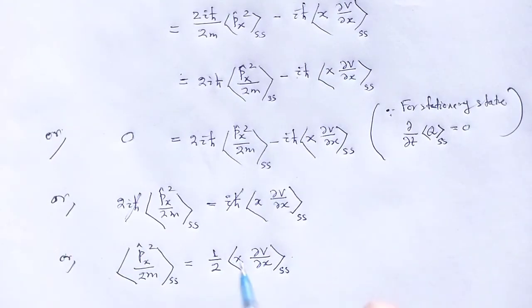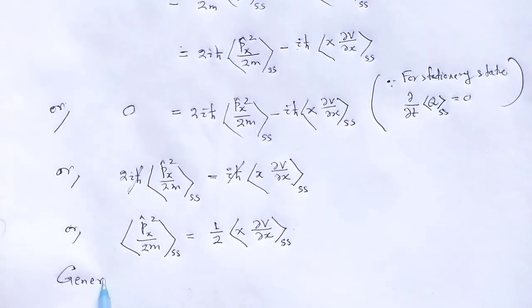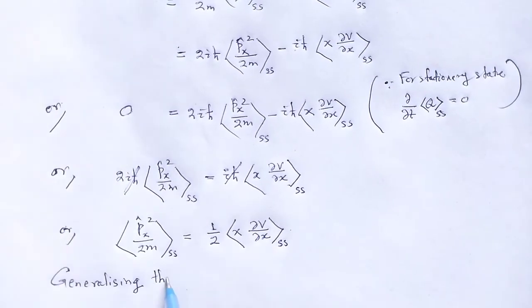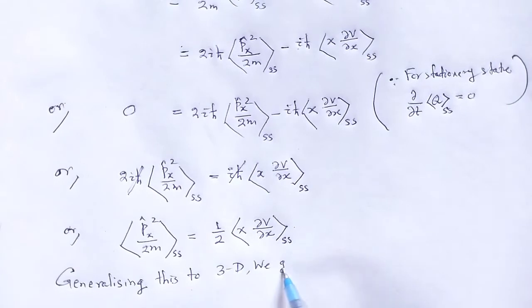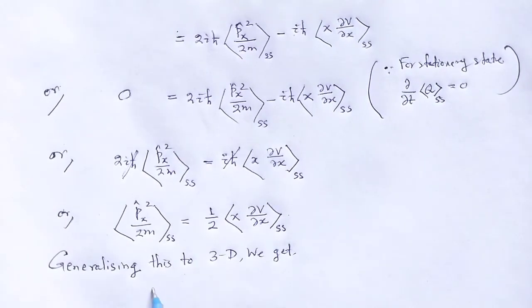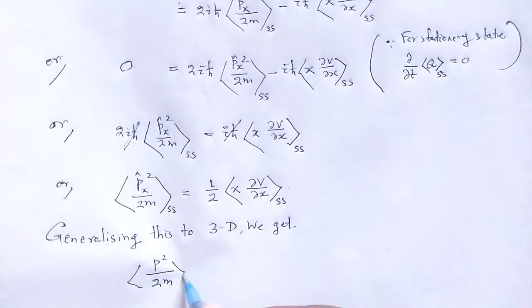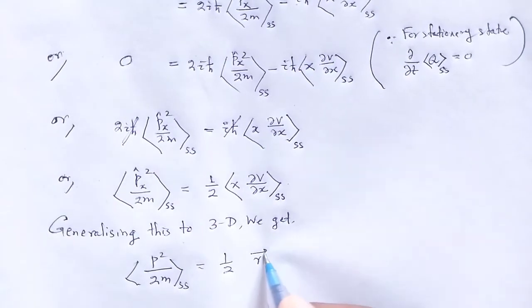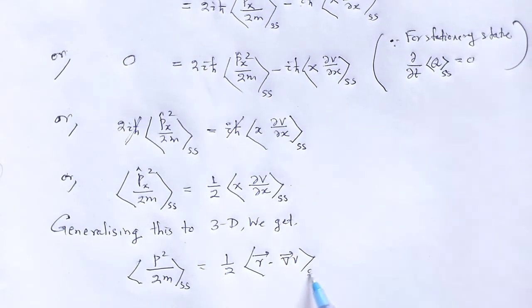Now generalizing this equation to 3D, we get p square divided by 2m, its expectation for that of stationary state is equal to half r dot grad v expectation for that of stationary state.